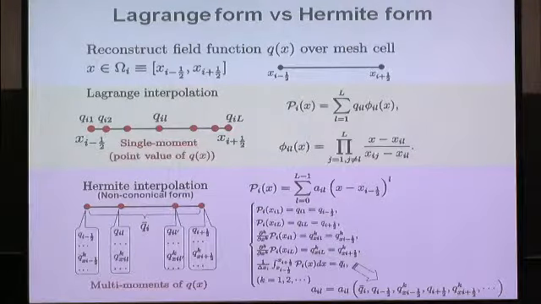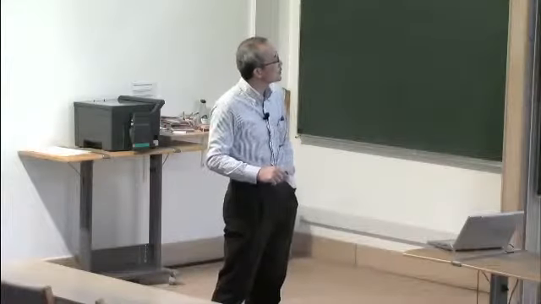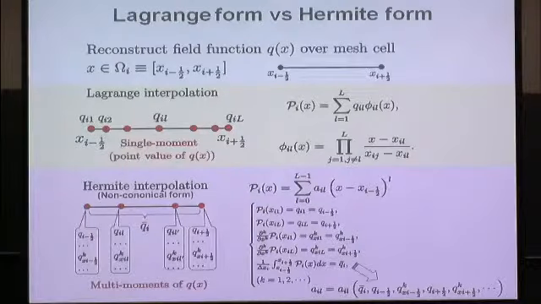But if we are given some other kinds of quantities, for example the cell average value, the point value of a physical variable, and also its derivative with respect to space, we have another choice for interpolation.